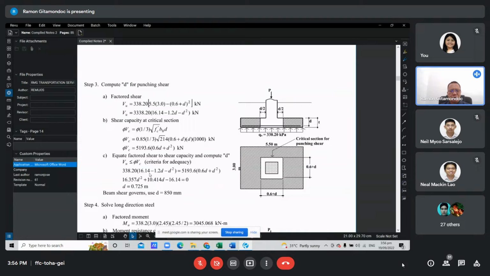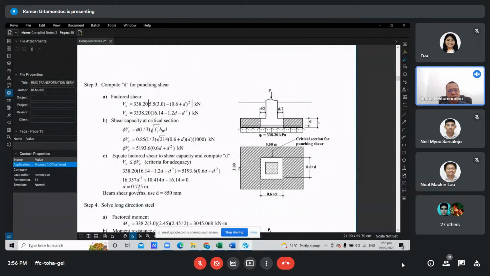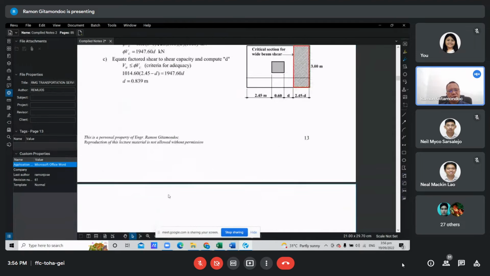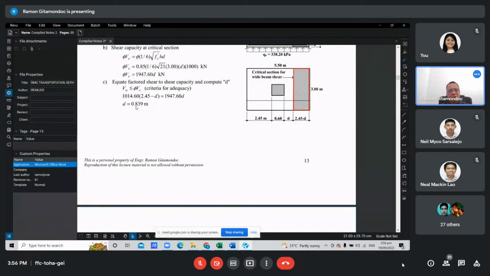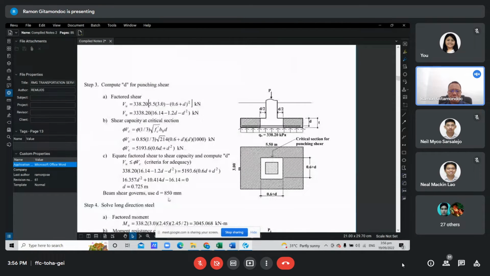Then we get an equation in terms of d, no? So we can solve for d. We get 0.729 meters. So compare this with 0.839 for beam shear, which is larger than 0.729. The larger value will govern, no? Thus we adopt 0.839, but we round this off to a more practical value, say 0.85, so 850 mm.